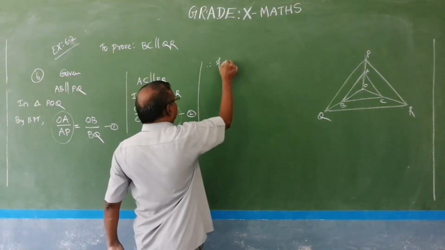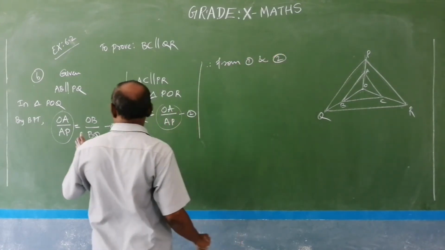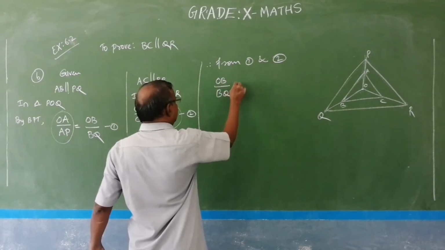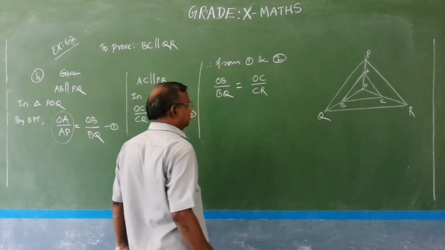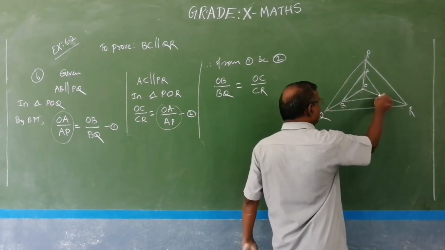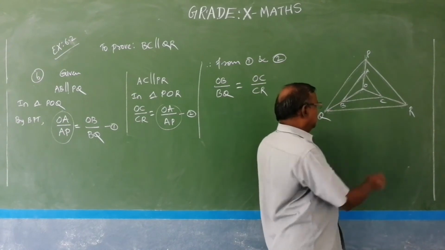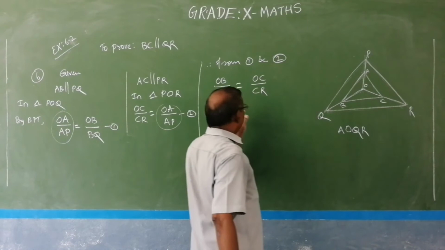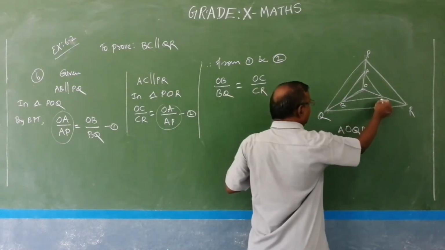Therefore, from 1 and 2 we have OB by BQ equal to OC by CR. In triangle OQR, we have proved OB by BQ is equal to OC by CR.